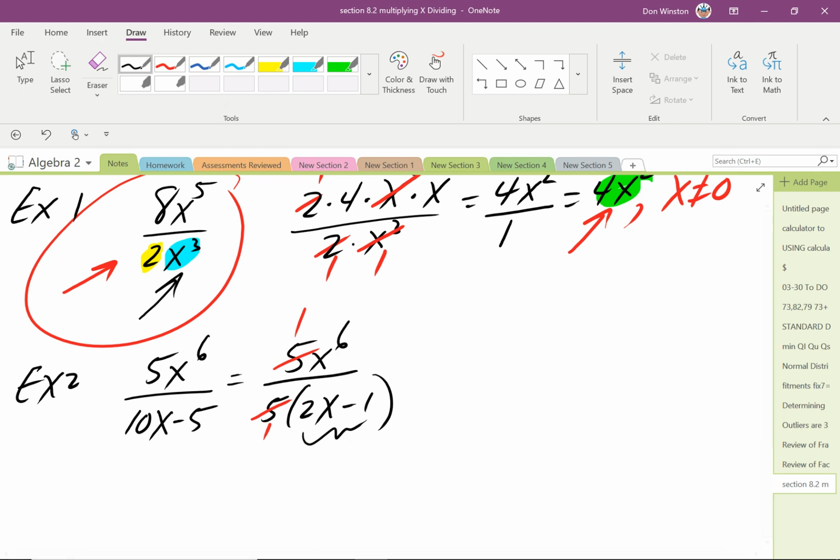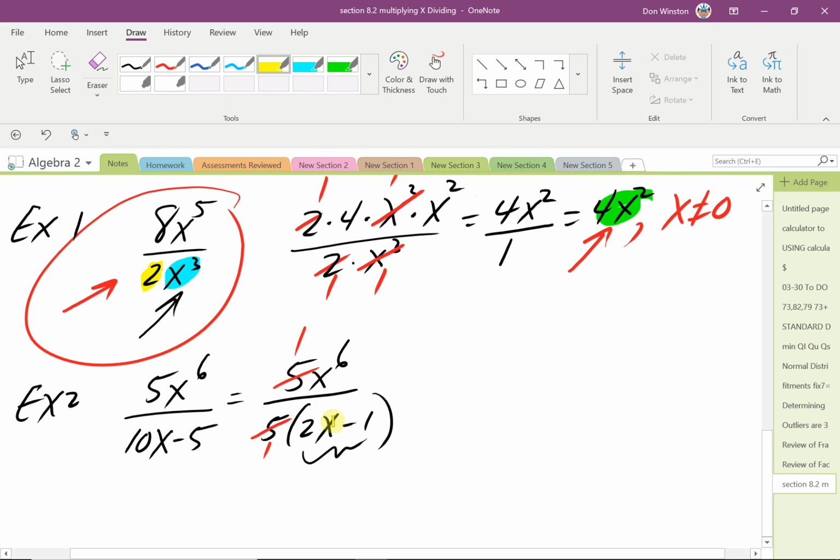Some students would be tempted to cancel this x here with the x up there, and that would be oh so wrong, because x is not a factor in 2x minus 1. 2x minus 1 is a factor. You can only cancel out common factors. So here, my final answer is x raised to 6 over 2x minus 1.